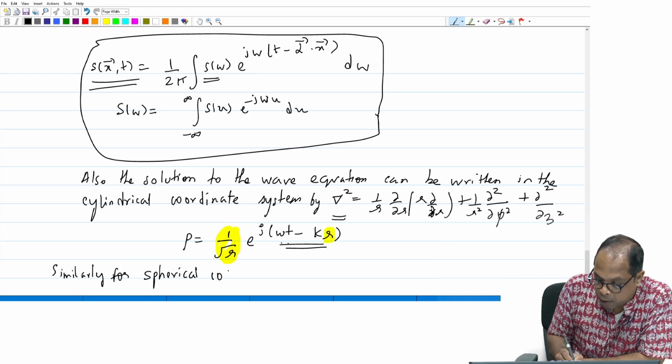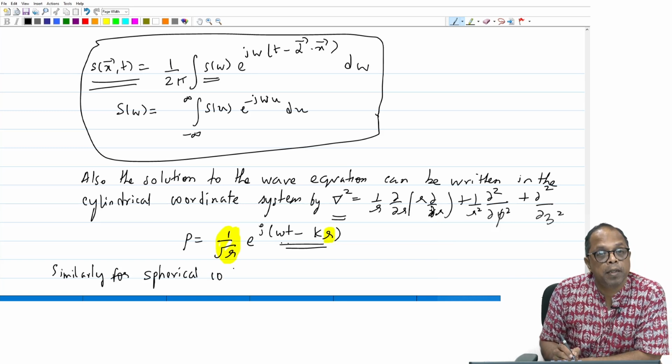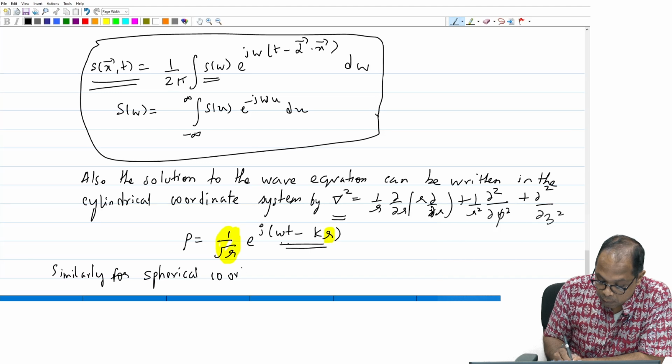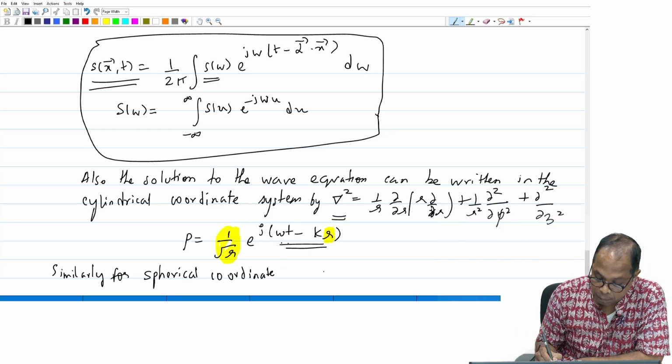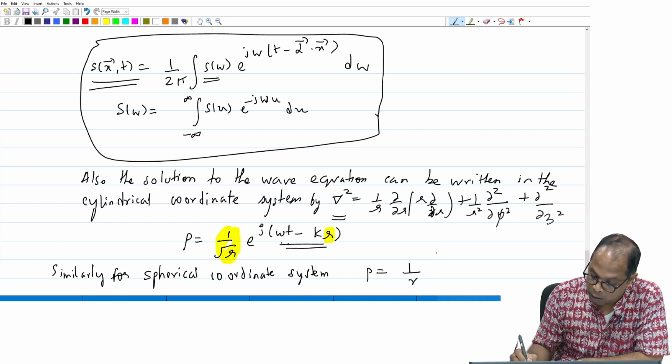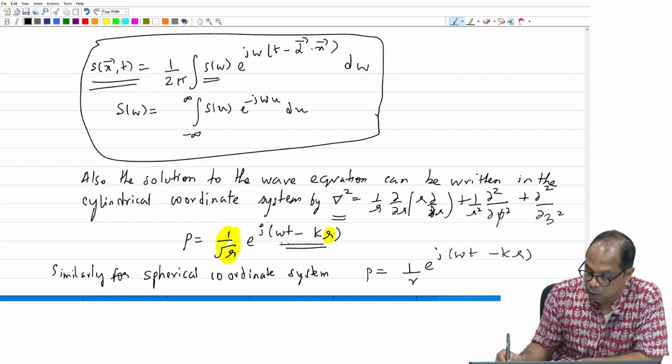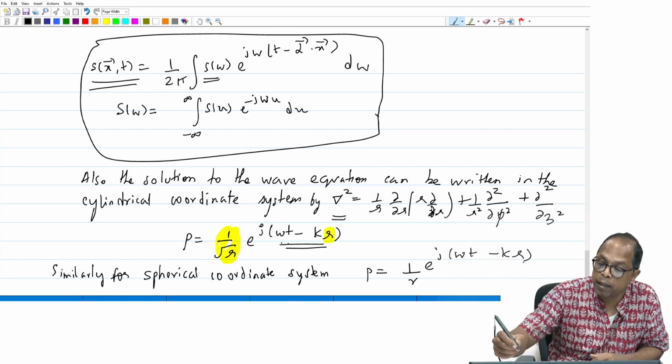I'm not going to expand the Laplacian operator in the spherical coordinate system here, but you can look it up. I'll just write the solution to the wave equation: one divided by r. Now, what is different here?